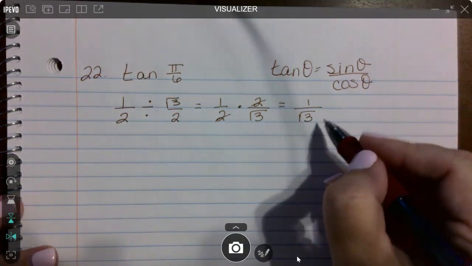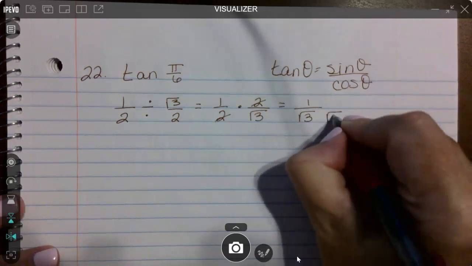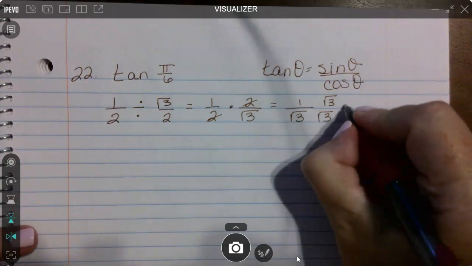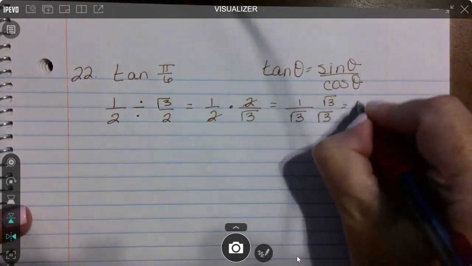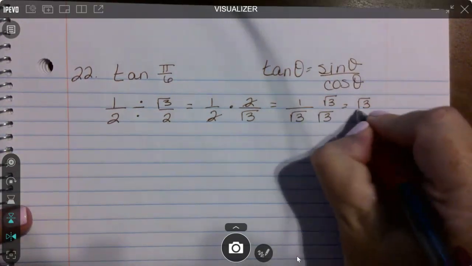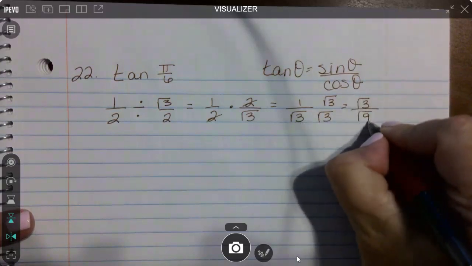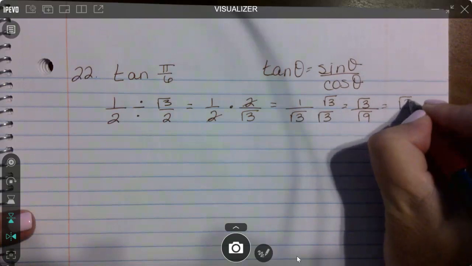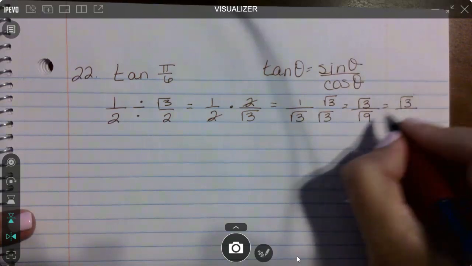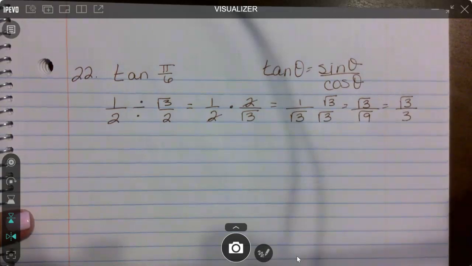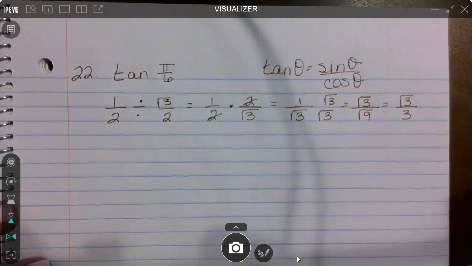Now, we can't have a square root of 3, so we're going to rationalize. We're going to multiply the square root of 3 on both top and bottom. So 1 times the square root of 3 is the square root of 3. Square root of 3 times the square root of 3 is 9. I can't clean the top up, but the bottom, square root of 9 is just 3. And there is your answer.